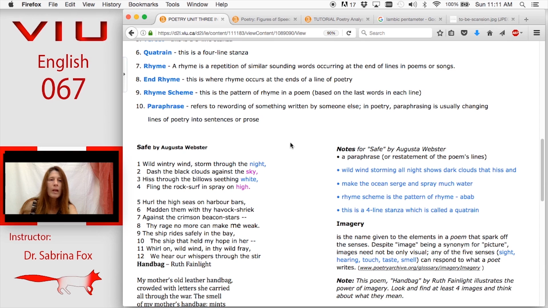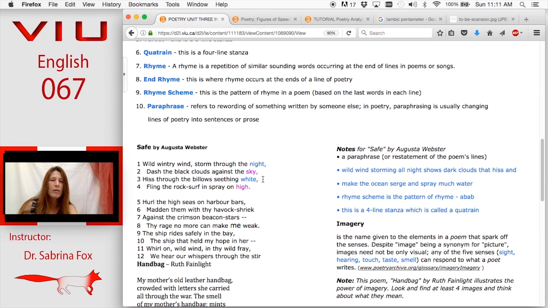And then a couple more points here: rhyme, end rhyme, and rhyme scheme. Rhyme is a pattern of a similar sound. Here we've got night, white. That's rhyme, and that's end rhyme because it occurs at the end. If the rhyme is in the middle, then it would be internal rhyme. Then rhyme scheme is a pattern of rhyme, and the way that we write this is by looking at the last words in each line.